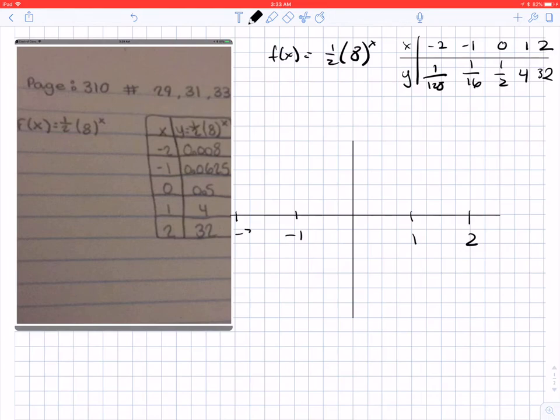This is -1, -2. So positive y, positive x. You know what? I don't need that to be so spaced out. Let me back up. So I'll just do 1 and 2, 1 and 2. So we'll go 1, 2, -1, -2, right? Positive x. Then the y's, we go up to 32. And we really only need the positive end.